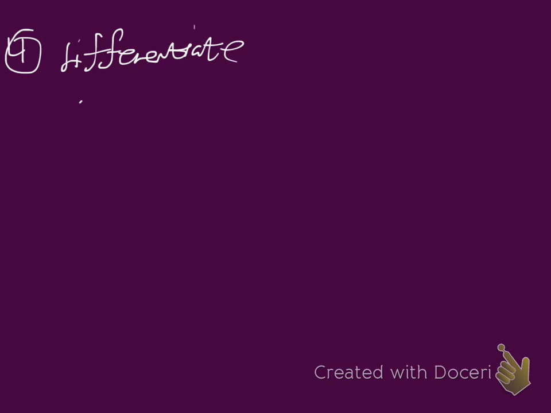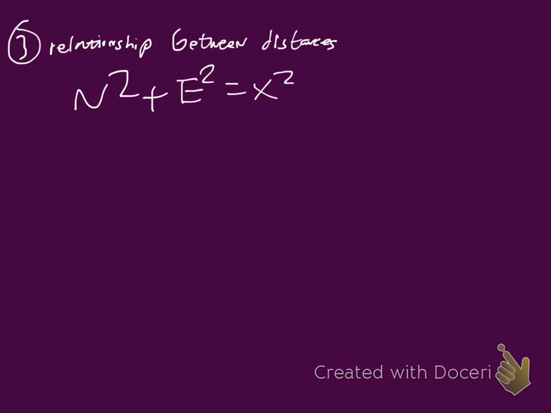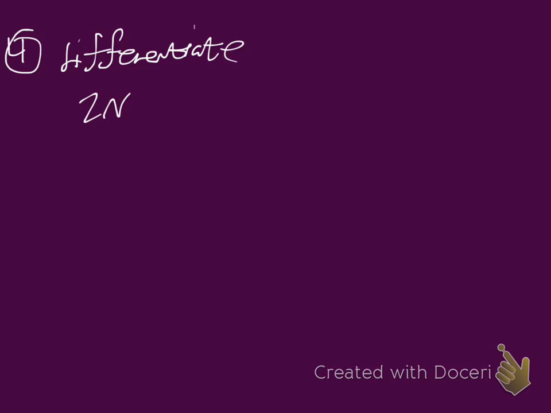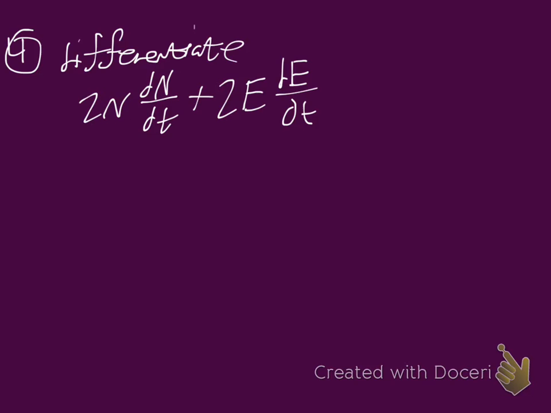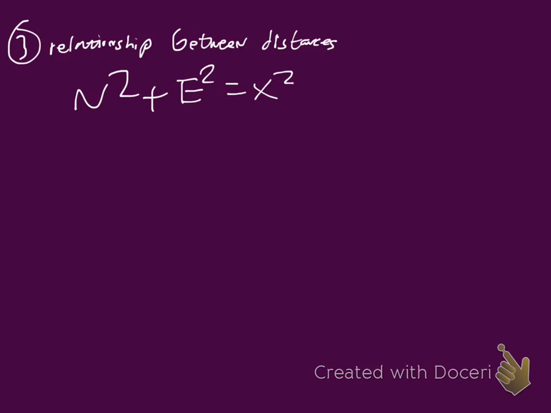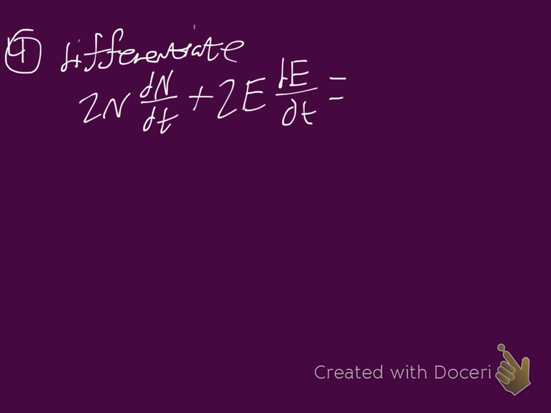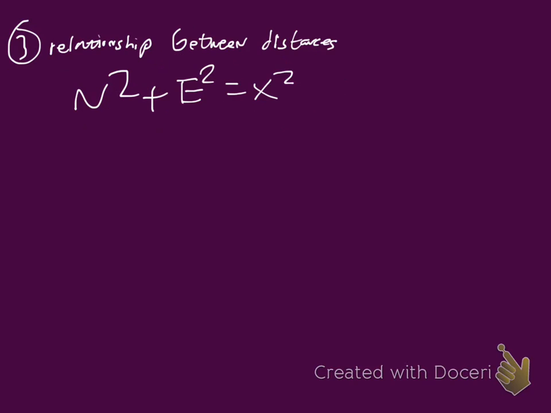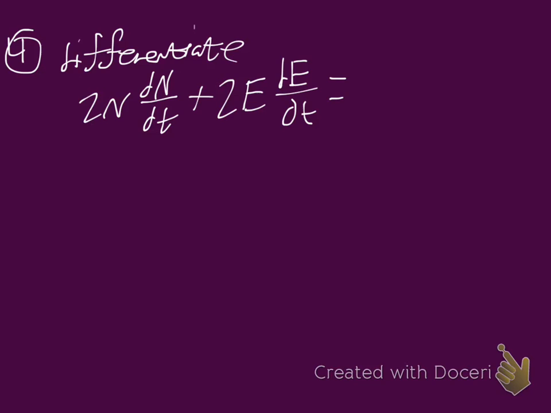So 2n, and realize we have to do the chain rule here, so you have dn dt, plus 2e, and there's chain rule here again also, de dt, equals x squared becomes 2x, and then there'd be a chain rule also, dx dt.